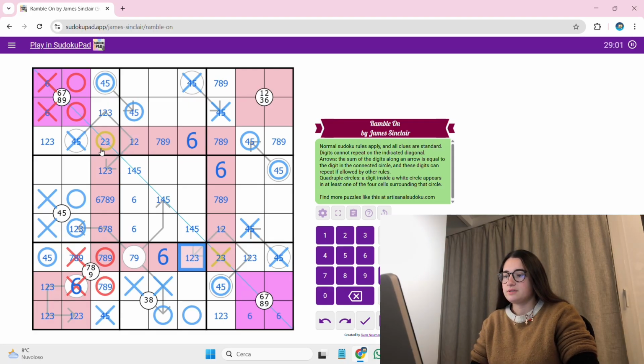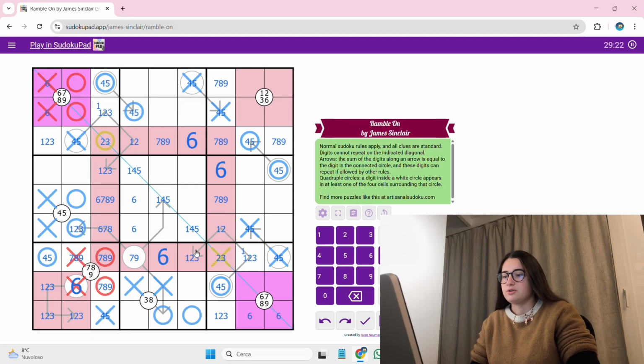So this big 1, this big 1. So we need 1 3 on one side and 1 2 on the other side. So I think here and here we have to have 1s.